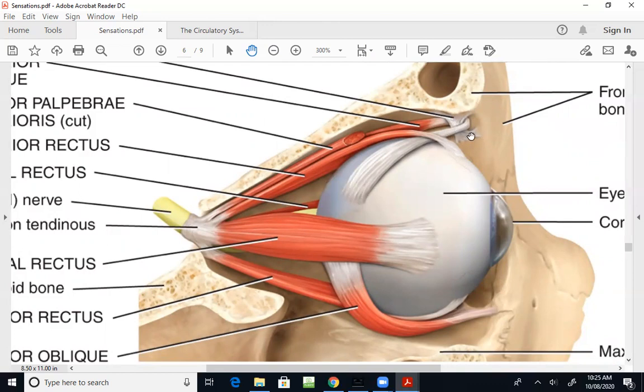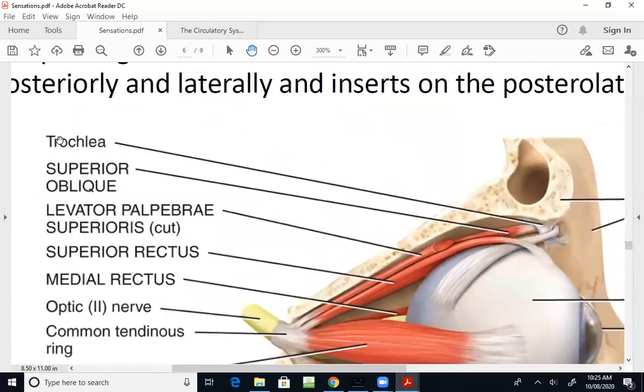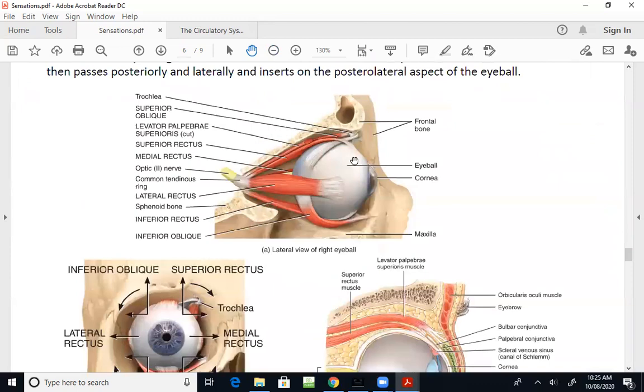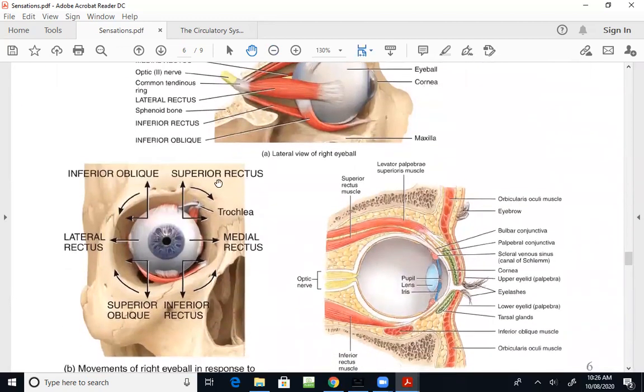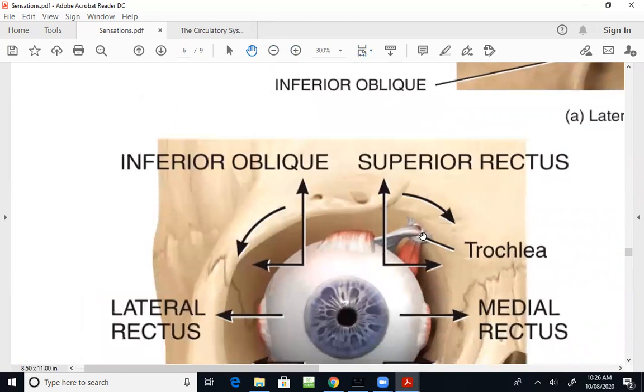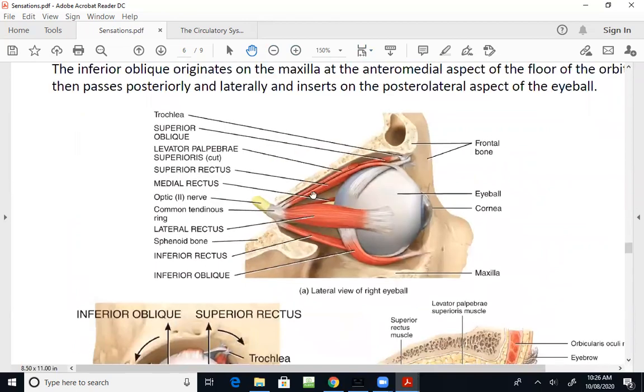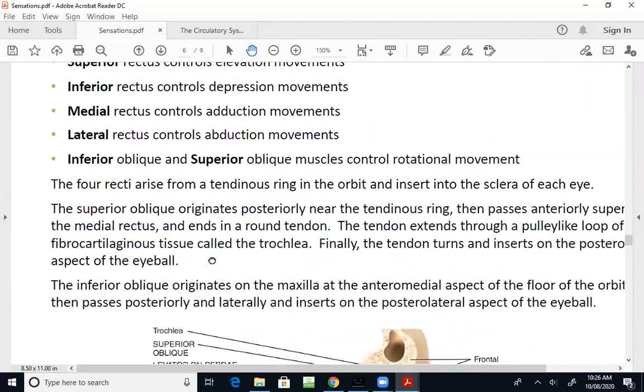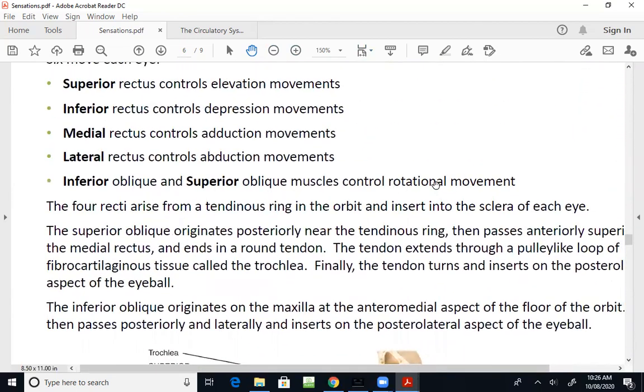It hooks around a pulley-like structure called a trochlea. Okay, so you can see it. I'll zoom in at this picture, how it comes around and hooks and then comes across. And both the oblique muscles help with rolling your eyes, rotating movements.